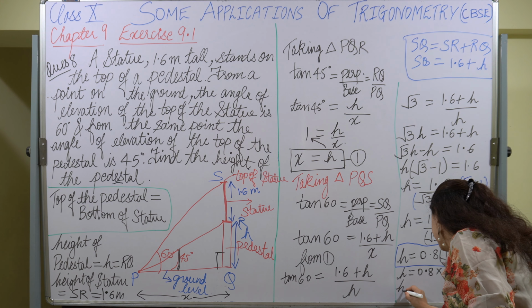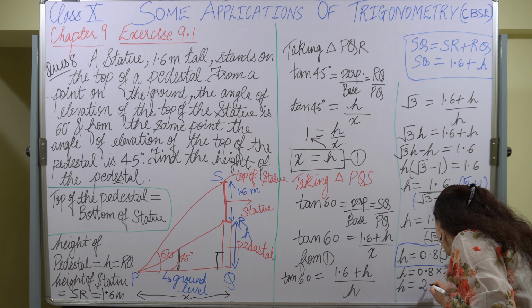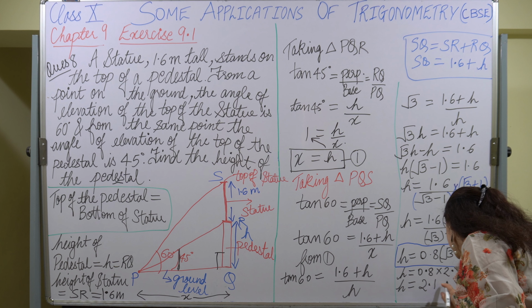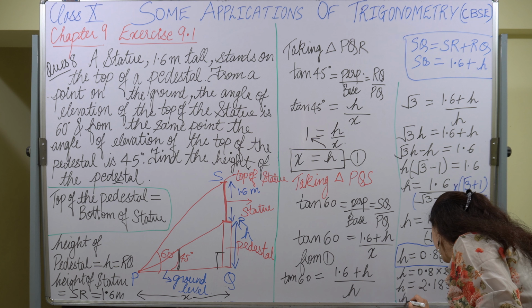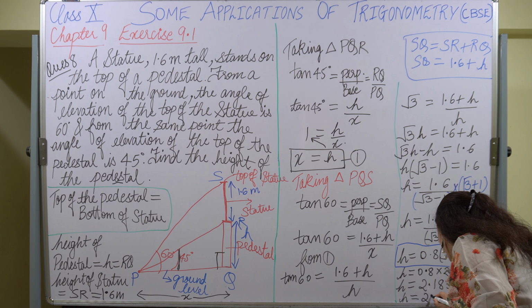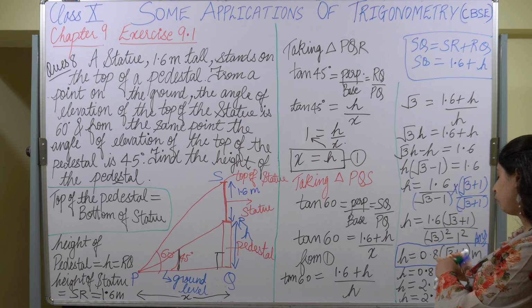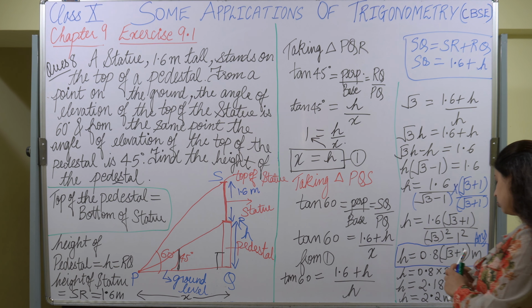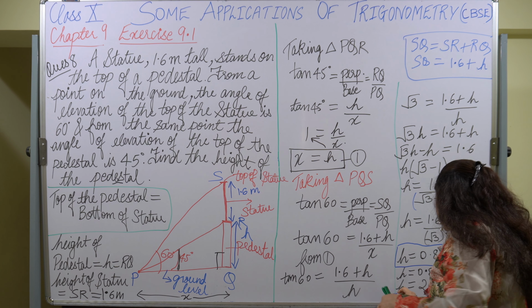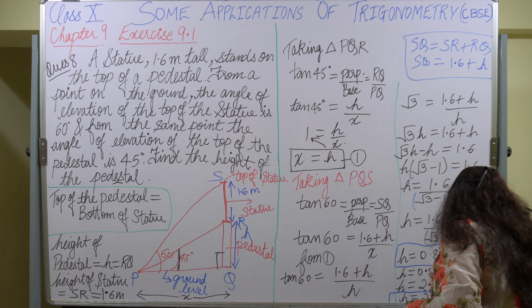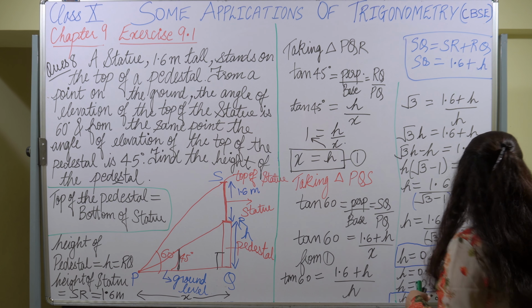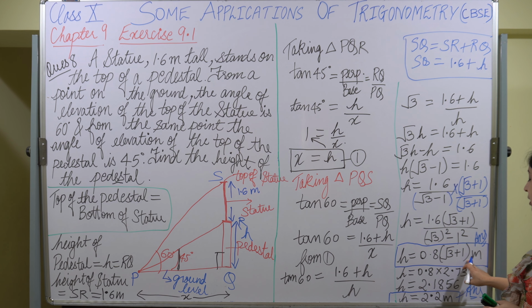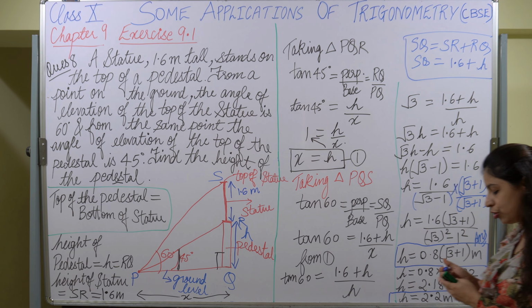When multiplied, I get 2.1856, which is approximately 2.2 meters. So in terms of numbers, my answer is 2.2 meters.